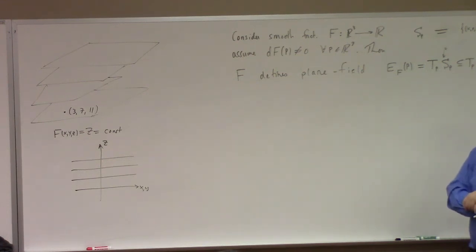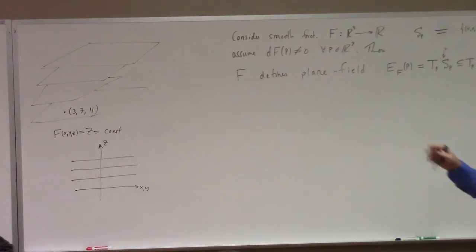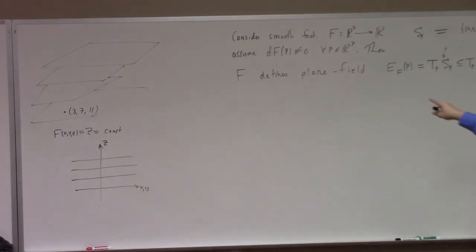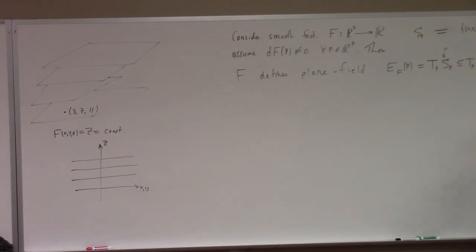So you can look at f equal to x squared plus y squared plus z squared and do the same thing. It's not just planes. It's more exciting things than that. This condition that df sub p be non-zero gives you that there exists a level surface of f through that point, which is what that condition is needed for.